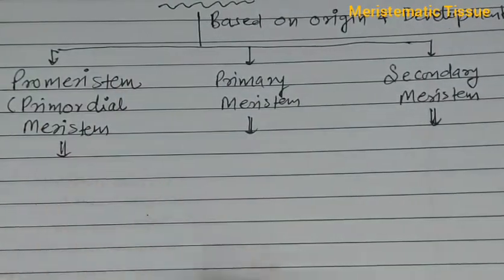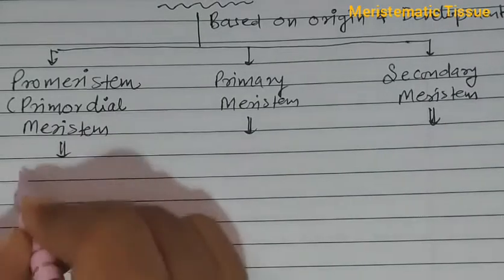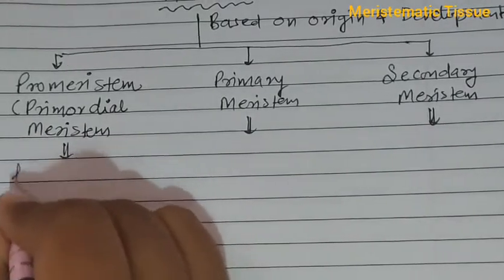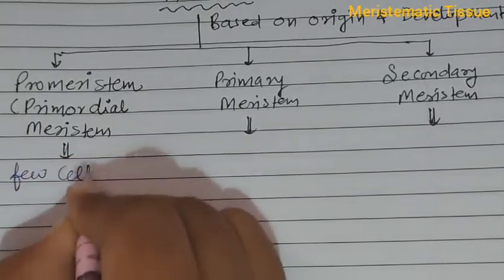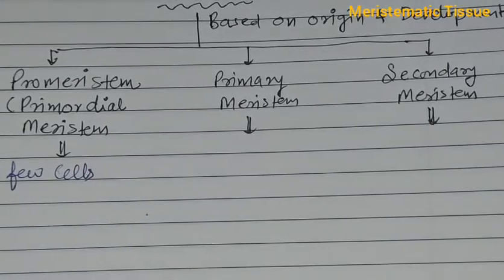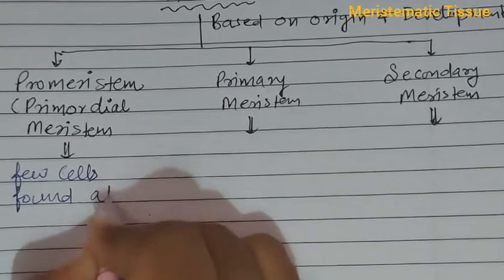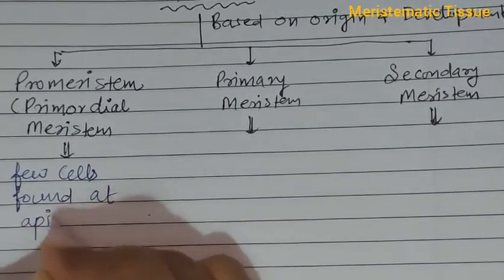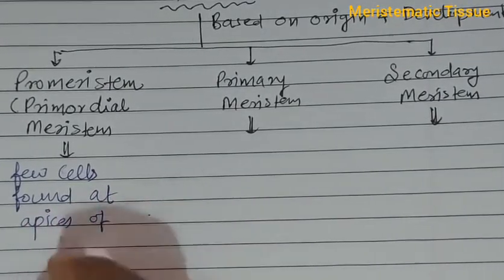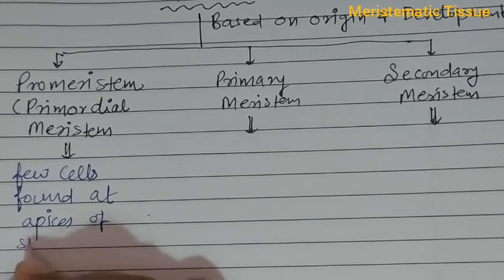So first we talk about promeristem. Promeristem, or primordial meristem, are nothing but the few cells present at the apices or apex of shoot and root.